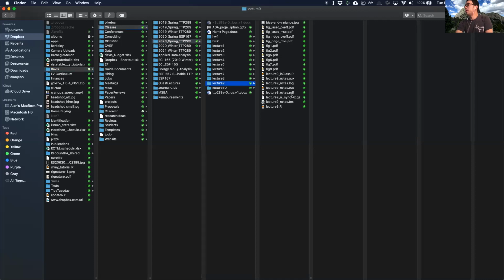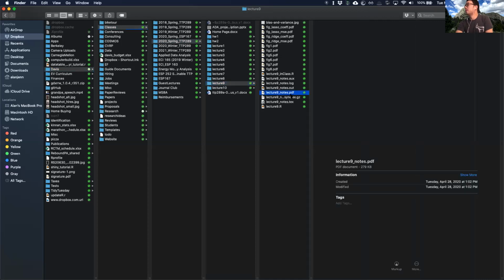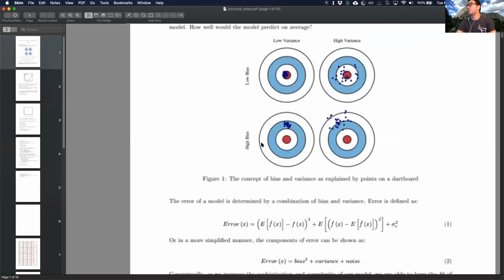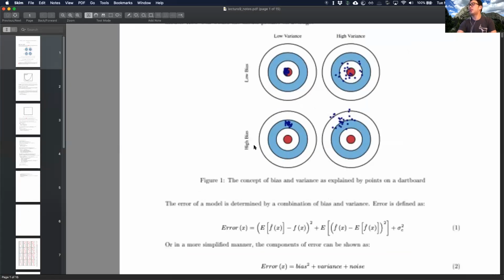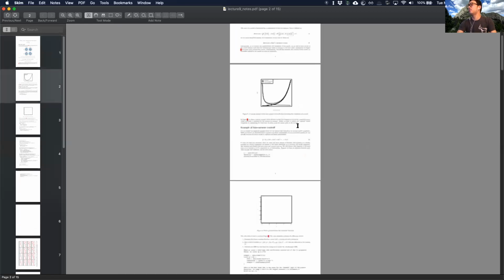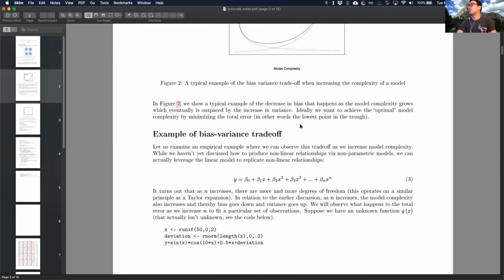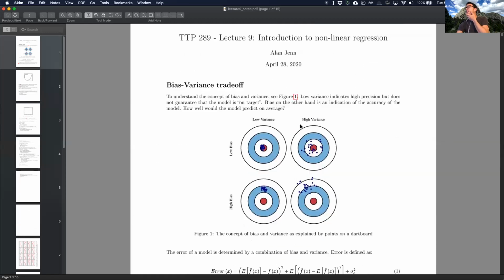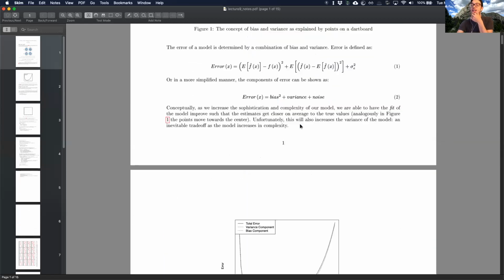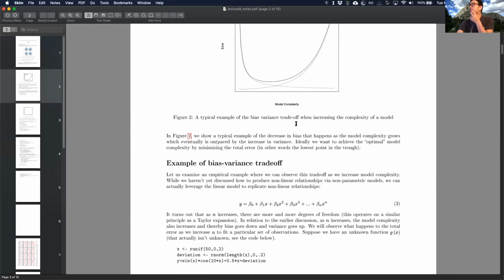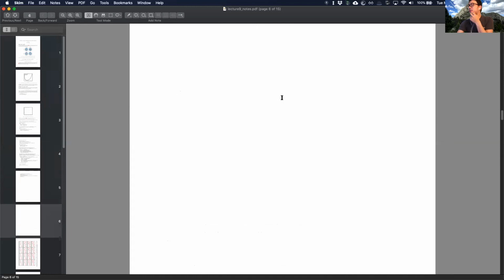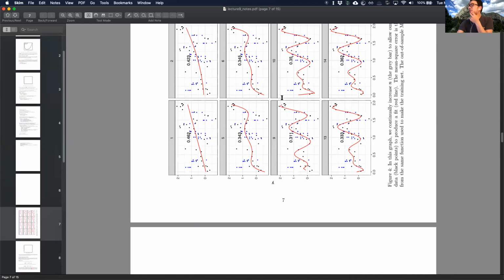I do prepare class notes on the materials that we cover. So for example, these are notes from last class, looking at the variance and bias trade-off, and then looking at some of the examples.